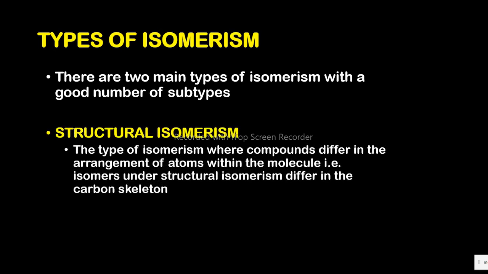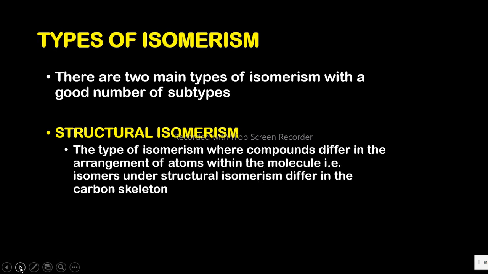The first is structural isomerism, where you have the same molecular formula, but the difference is in the arrangement of atoms in the compound. They are the same atoms, but how those atoms are arranged within a compound gives what we call structural isomerism.